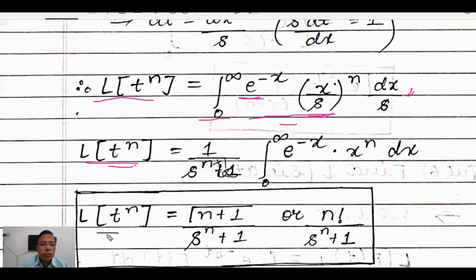So Laplace of t power n equal to gamma n plus 1 upon s power n plus 1, or we can write this value as factorial n upon s power n plus 1. So Laplace of t power n equal to, let me write clearly here, factorial n upon s power n plus 1. This is the final answer.